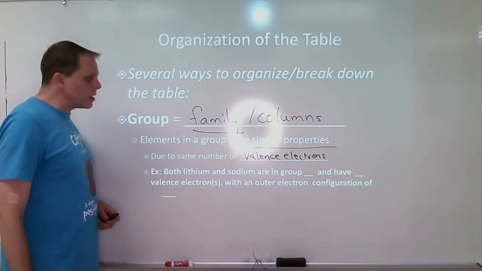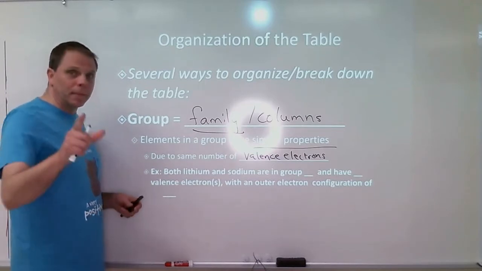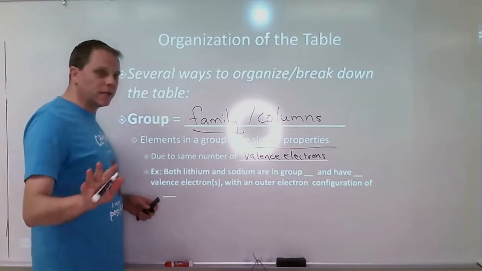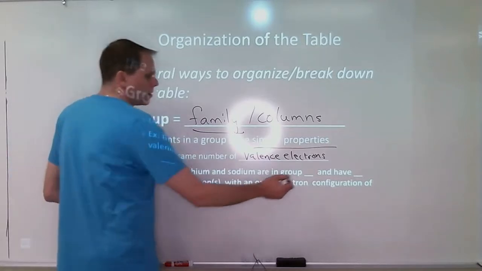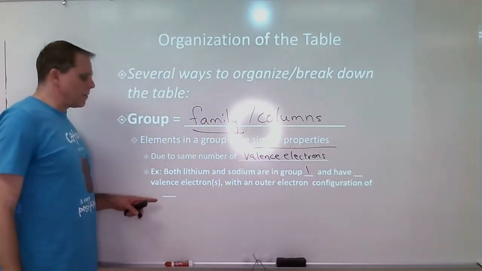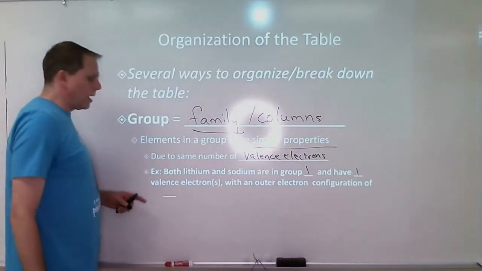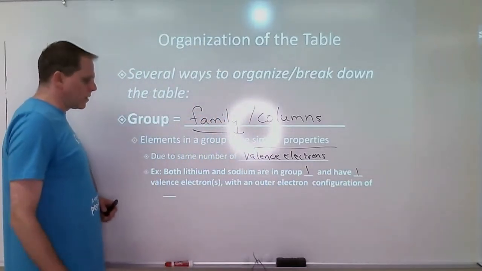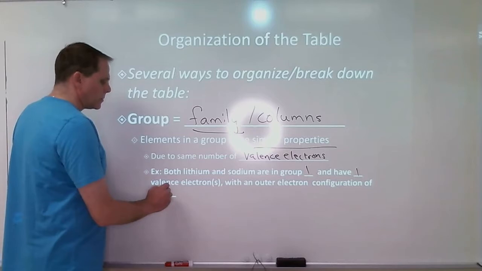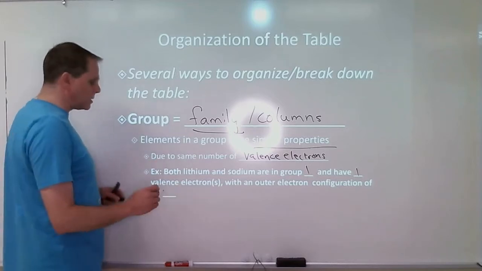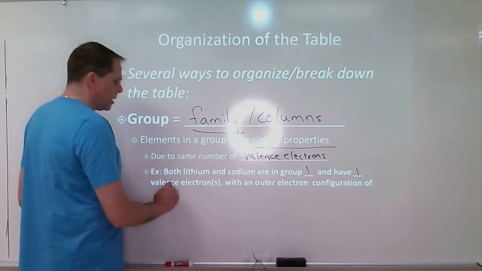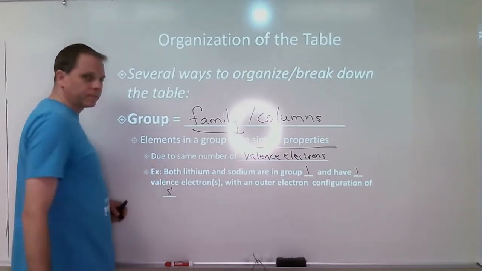So, for instance, lithium and sodium are in group... Okay, boom, you should be able to look at that, pause it if you need to, go answer and come back. They're in group 1. And they have how many valence electrons? Well, they have 1 valence electron. And they have an outer electron configuration, so the last things that they have are always going to be an s1, okay?